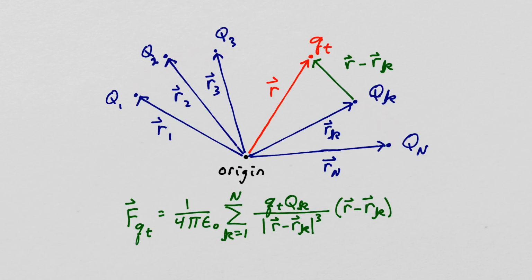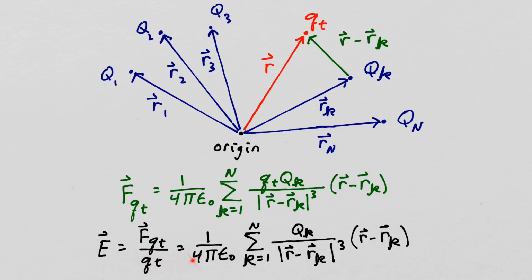We previously came up with this equation when we were talking about Coulomb's law to describe the Coulombic force on a charge due to n other charges. We will now divide both sides of this equation by our test charge Q sub t, and we have our expression for the electric field intensity at some point r due to n point charges.